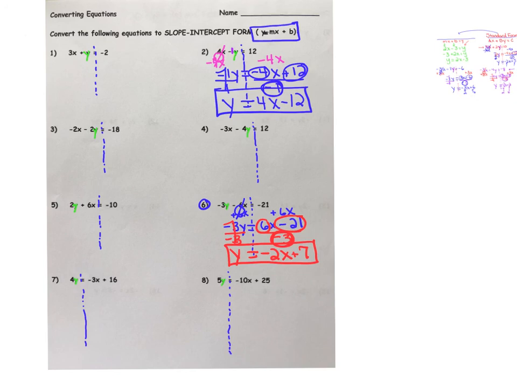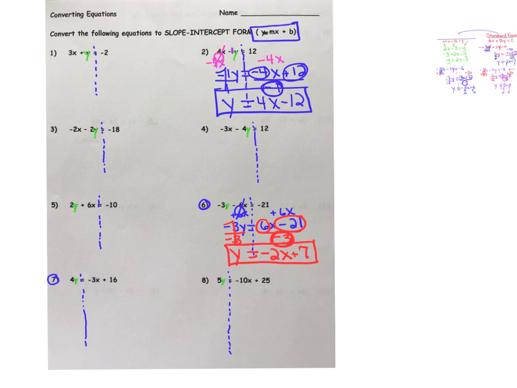Let's complete one last problem together, and then you can do the rest on your own, making sure to isolate that y variable. Let's take a look at number 7. It's actually quite simple. On the left side, we have 4y, and that's it. We just need to eliminate the coefficient of 4.